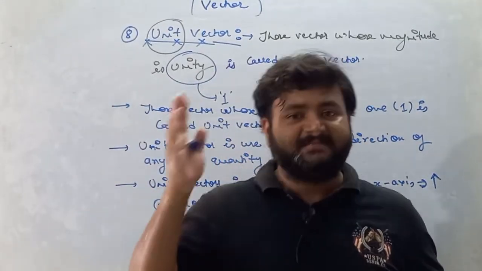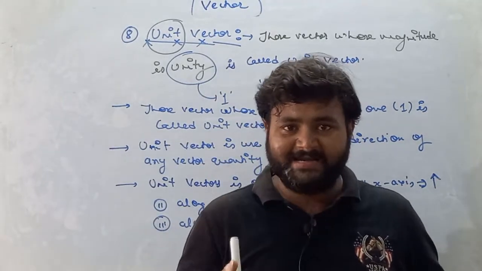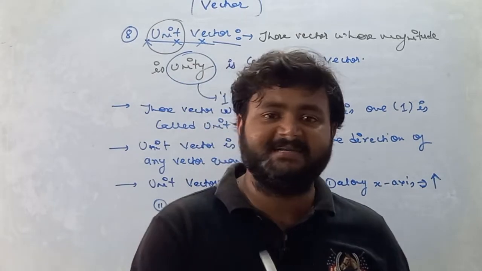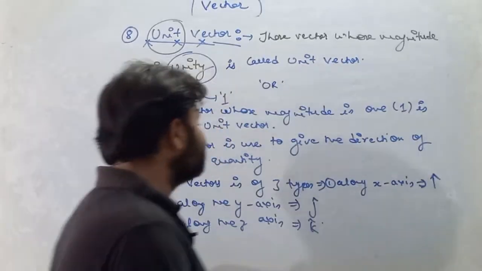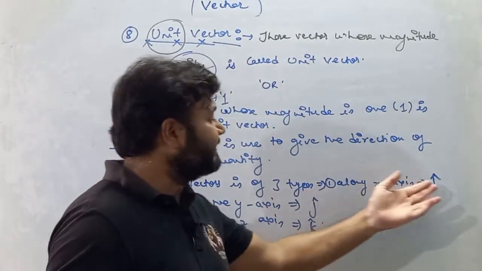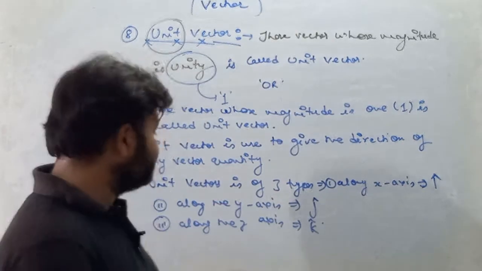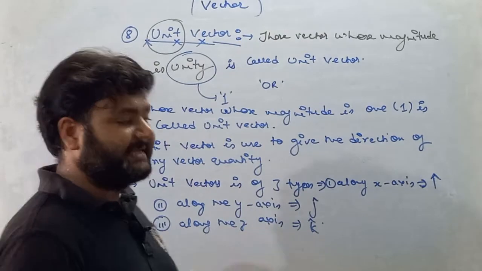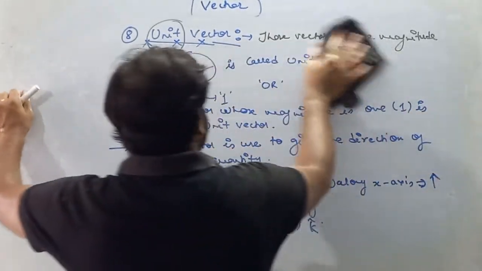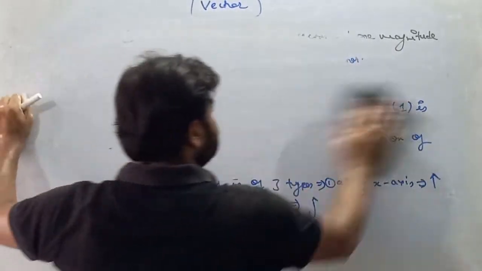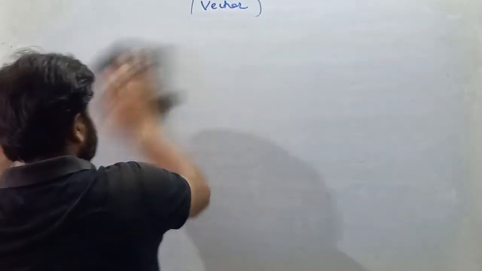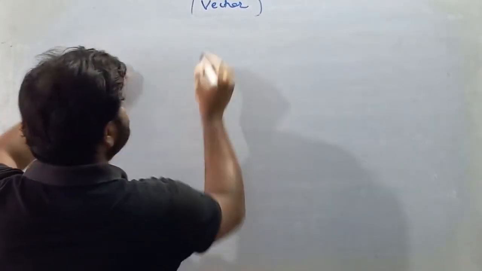So we have 3 types of unit vector. One is along x-axis, second is along y-axis, and third is along z-axis. So along x-axis, my dear student, the unit vector is i cap. Along y-axis, it is j cap, and along z-axis, it is k cap. So I'll make the unit vectors as, see, we have the Cartesian system.